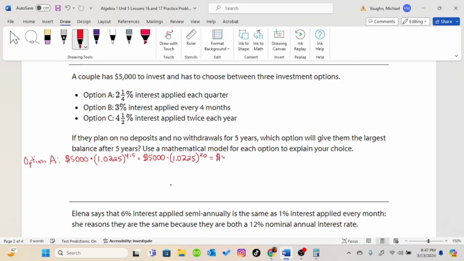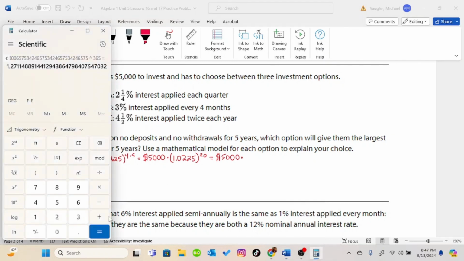We're going to do the exponent part first. So we have 1.0225 to the power of 20, and that equals approximately 1.56.